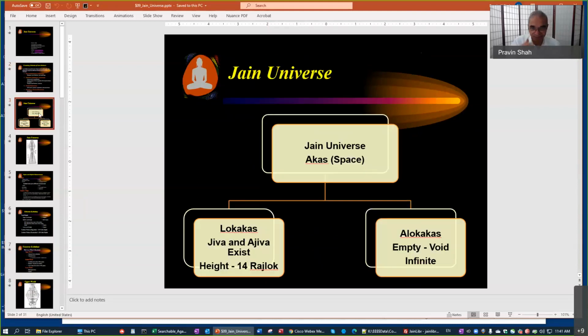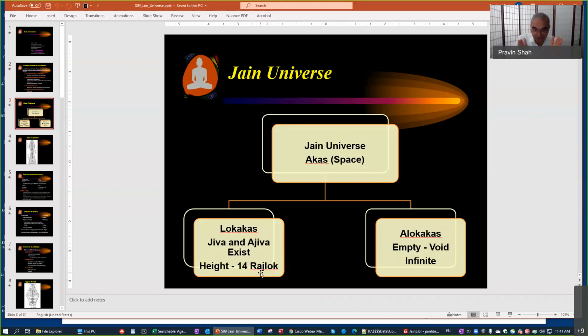Now we are restricting to Jain geography. And in Jain geography, what they have done is the Jain universe. The Jain universe is divided into two groups. Lokakash is where living beings, Jeev, and non-living beings, Ajiv, exist, and its height is 14 Rajlok.